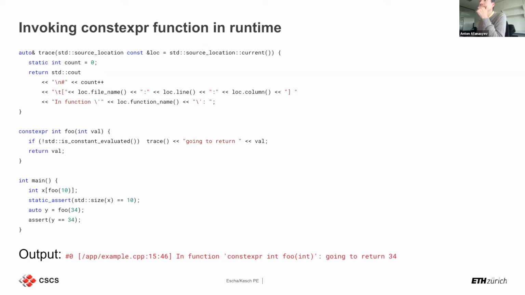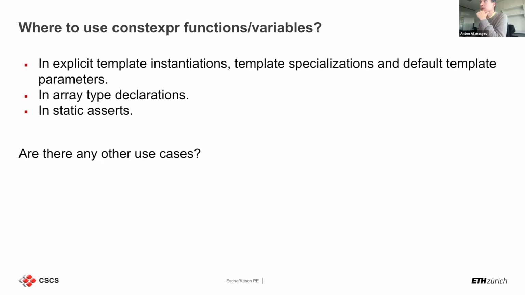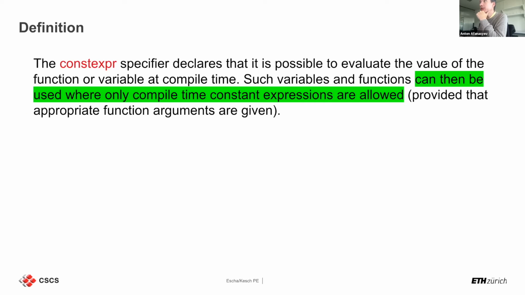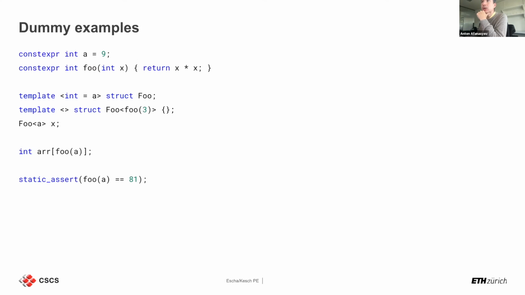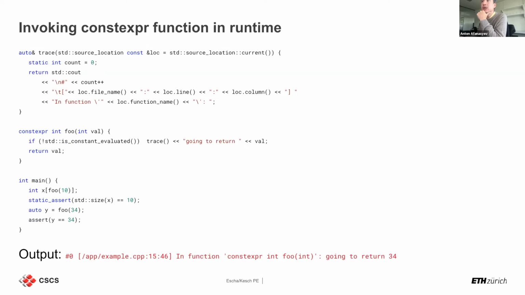Okay, let's take another example. If we go to the definition, we can see that nothing stops us from using constexpr functions from the runtime context. So let's model that situation.